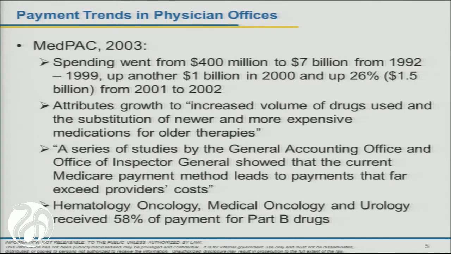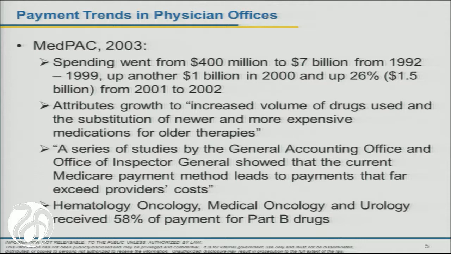From 1992 to 1999, it was up another $1 billion, up another $1 billion in 2000, and up 26%, $1.5 billion, from 2001 to 2002. MedPAC, in its report in 2003, attributed the growth to the increased volume of drugs used and the substitution of new and more expensive medications for older therapies.